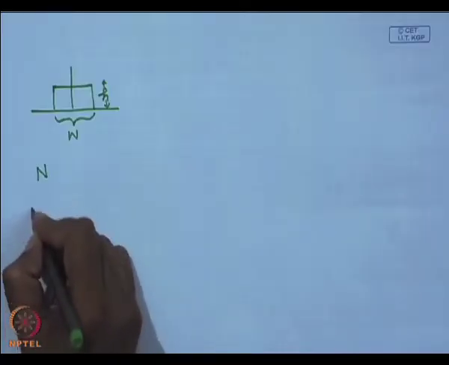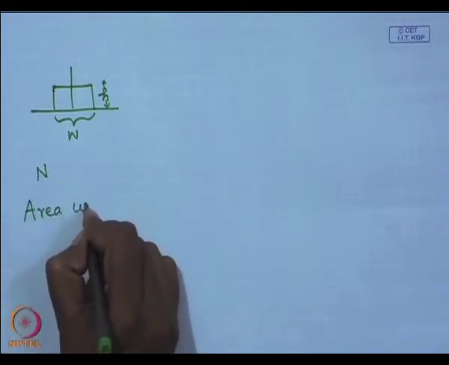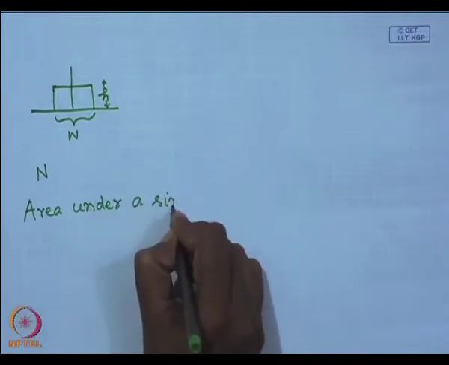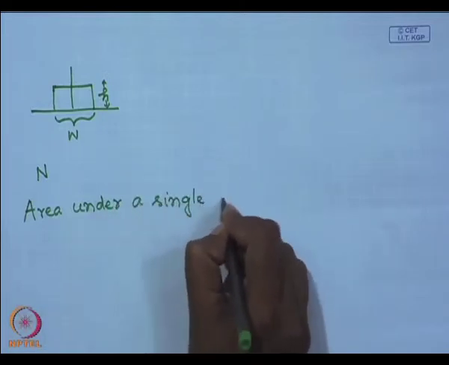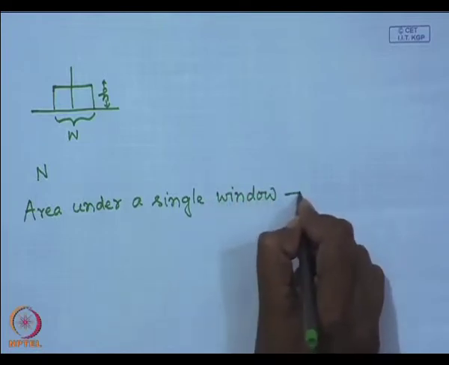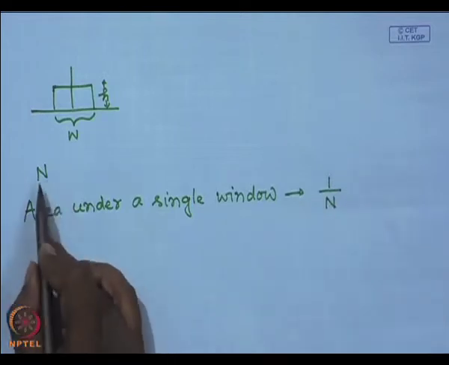So, the area under a single window will be 1 upon N, if N is the total number of samples which is given for probability density estimation.